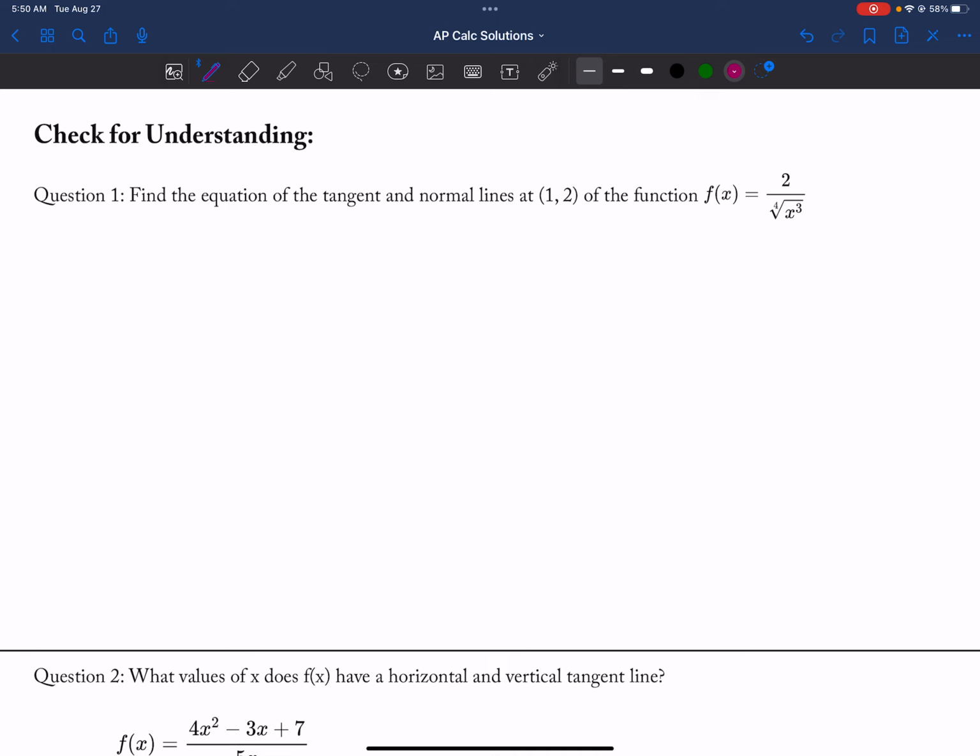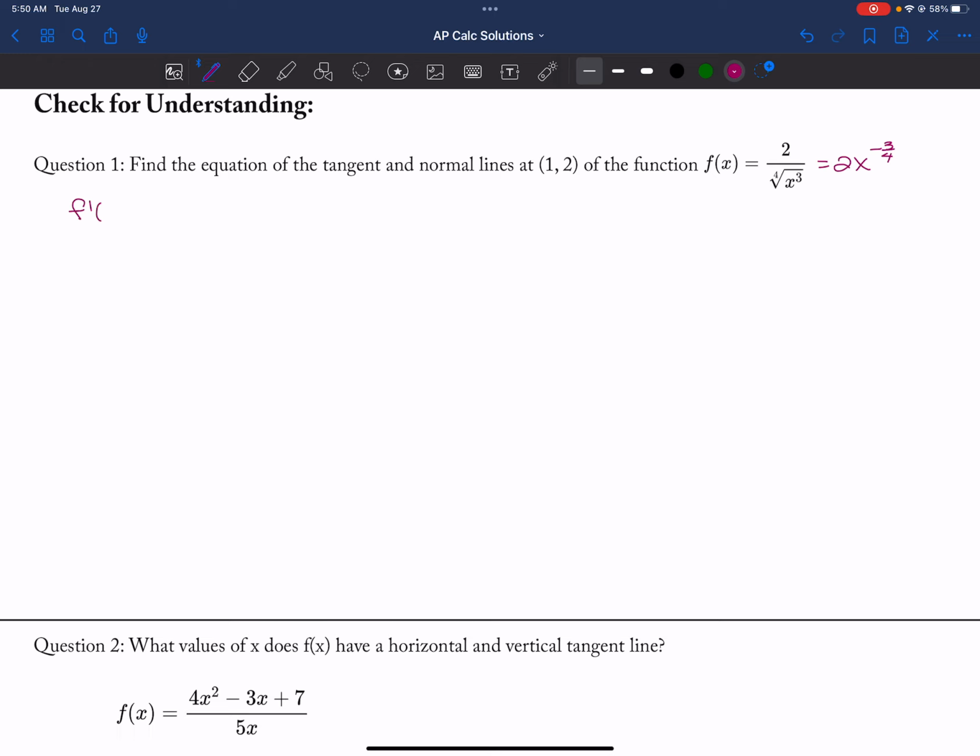Okay, so we're back. This is 2x to the negative 3/4 power. So I want to find the derivative. So f prime of x is equal to 2 times negative 3/4 x to the negative 7/4. And so I was like, my phone's about to go off because this is when I get all my emails. Let's see.